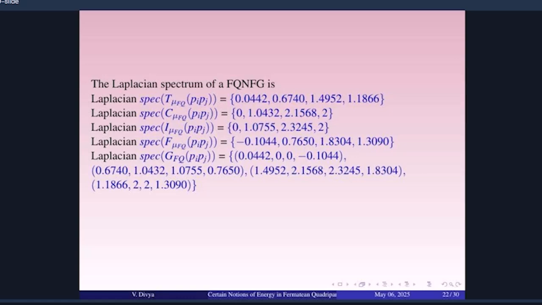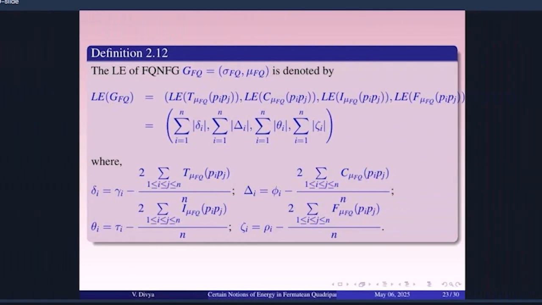Combining all those will give you the Laplacian eigenvalues. And the next one is Laplacian energy. This is the definition of Laplacian energy. After finding the eigenvalues, substitute in this definition, and we'll get the value of Laplacian energy.